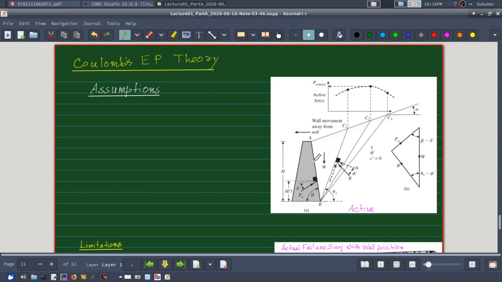Although Rankine's earth pressure gives sufficiently good results for practical application, but theoretically it is not true that the retaining wall and the backfill has zero friction. Now the Coulomb's theory, the advantage is that it considers the wall backfill friction.